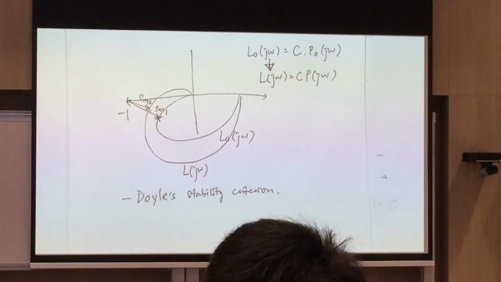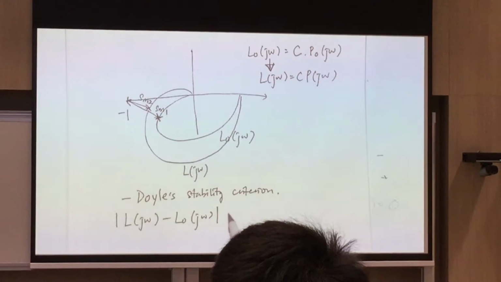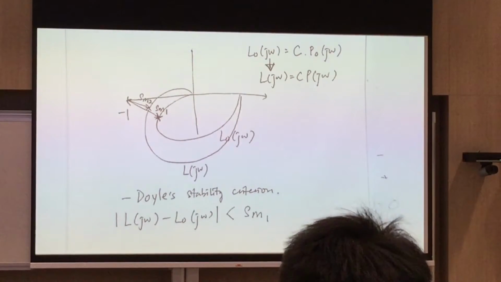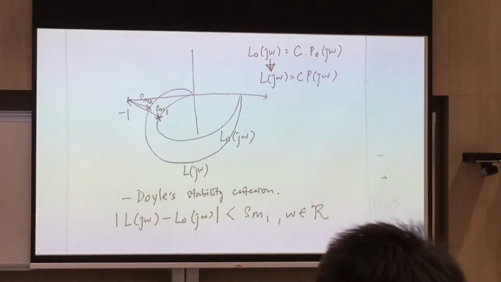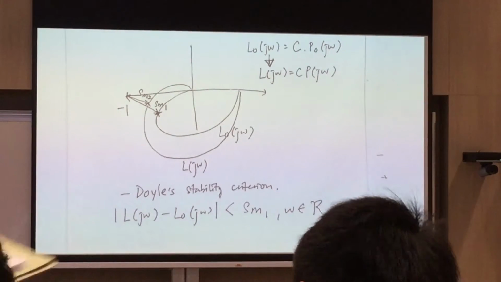So we say that if the difference between the new open loop transfer function and the original open loop transfer function is less than SM1, the original one, okay, it is less than SM for all frequencies, okay, the system is stable in a sufficient way.